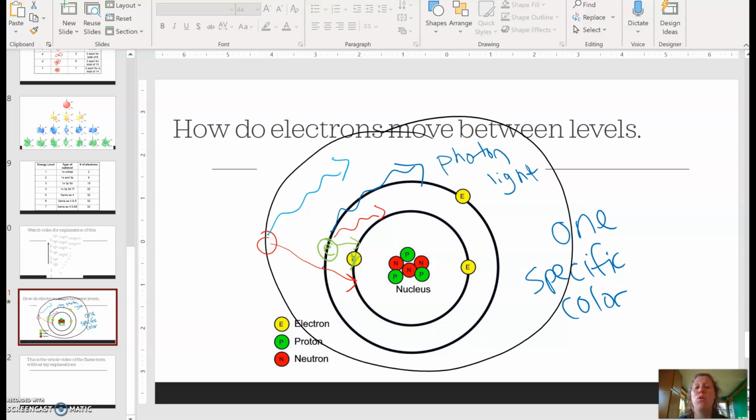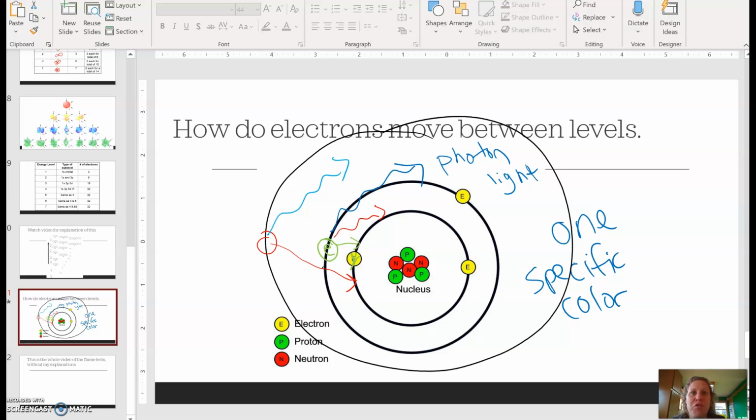I'm posting the whole video of the flame test so you can look at the colors. I probably went through and said what the chemicals were, but I have an unknown where I put 2 metals in. So 2 of those flame colors will be in the unknown.